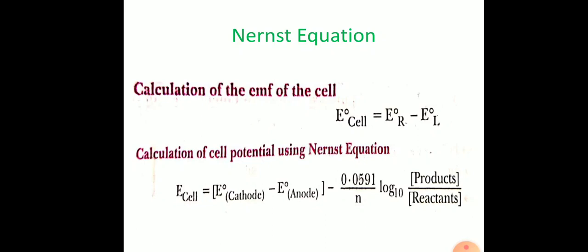E cell is given by E cathode minus E anode, this is the EMF, or we can say the standard electrode potential, minus 0.0591 divided by n, where n is the number of electrons lost or gained, times log 10 of products by reactants. So this is the formula for the Nernst equation. We'll be using this formula in calculation of cell potential.